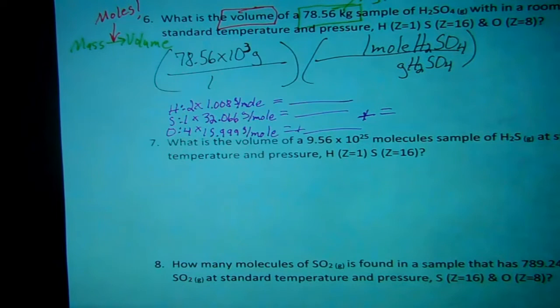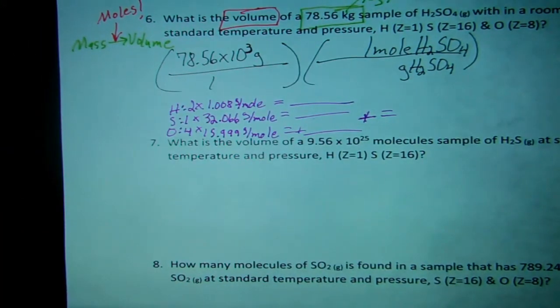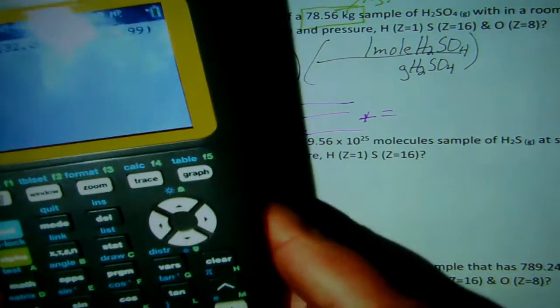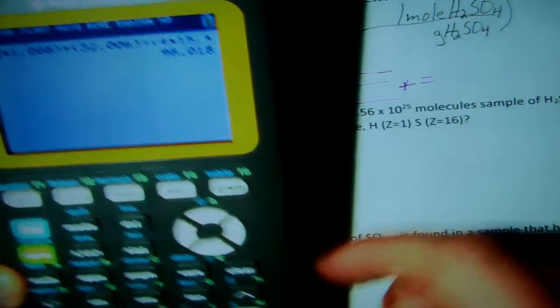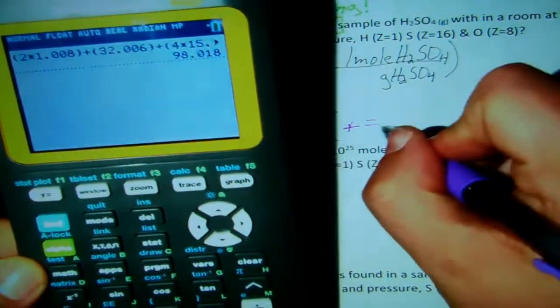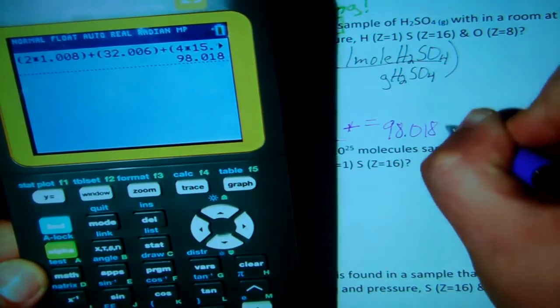I'm throwing it all in my calculator at one time because I don't feel like writing it all out. So I'm doing 2 times 1.008 plus 32.066 plus 4 times 15.999, and I hit enter, and it gives me the molecular mass as 98.018, and that's grams per mole.